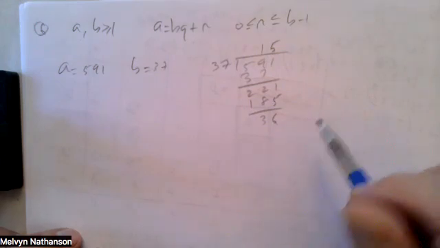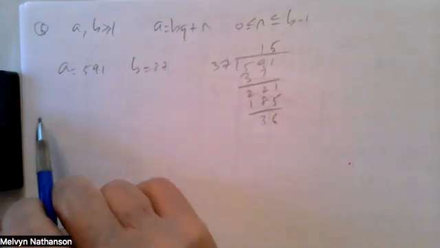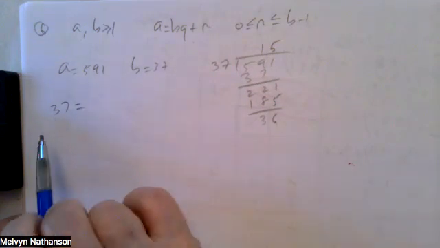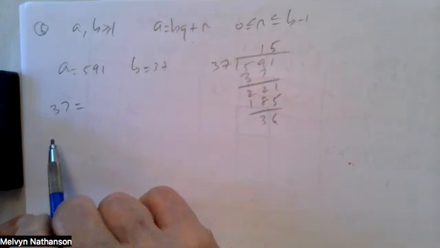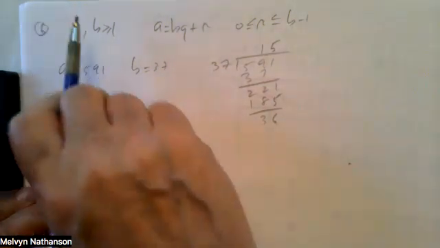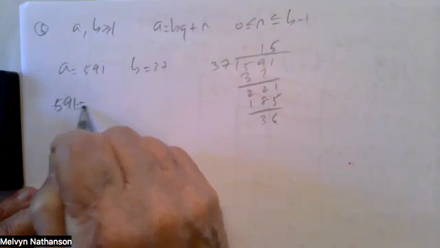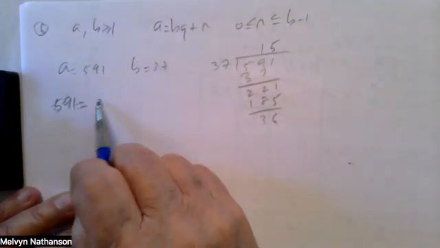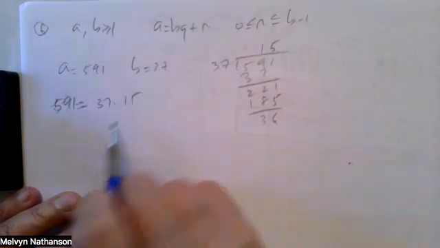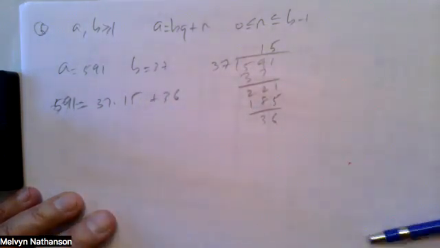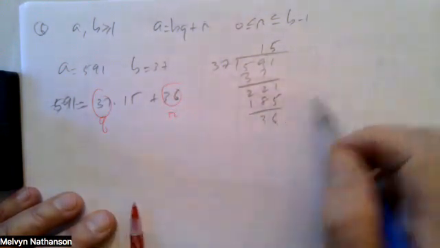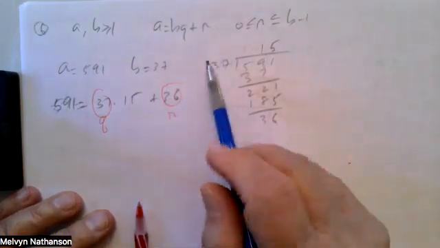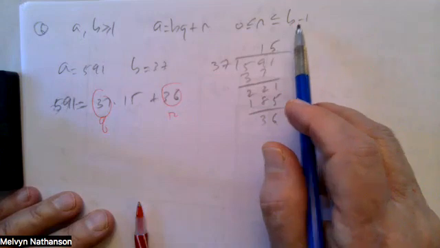And that's the remainder, because you can't divide 37 into 36. So 591, that's my a, is equal to 37 times the quotient 15 plus the remainder 36. So this is my q and this is my r, and 36 is non-negative and at most 36.